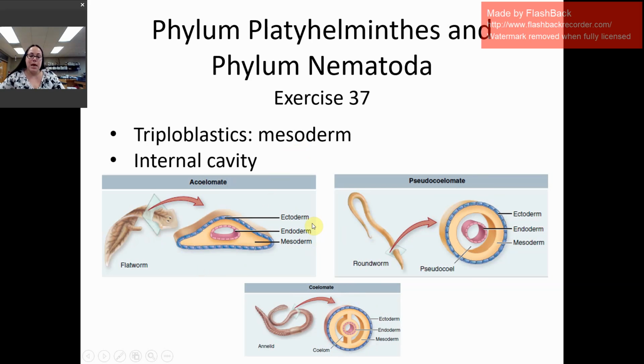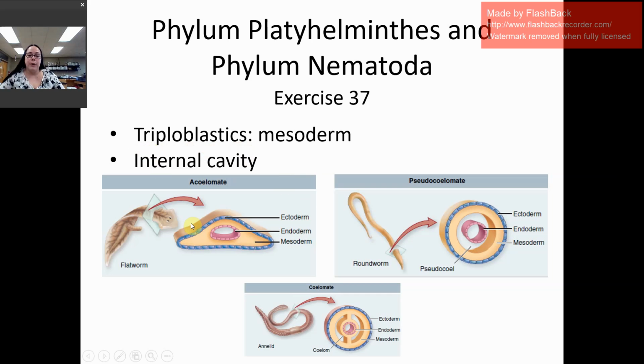You can see ectoderm toward the outside, endoderm toward the inside, and then mesoderm in between those 2 layers. Because those organisms have 3 layers, we refer to them as triploblastic organisms, and this is written just here. It means that they have 3 germ layers.